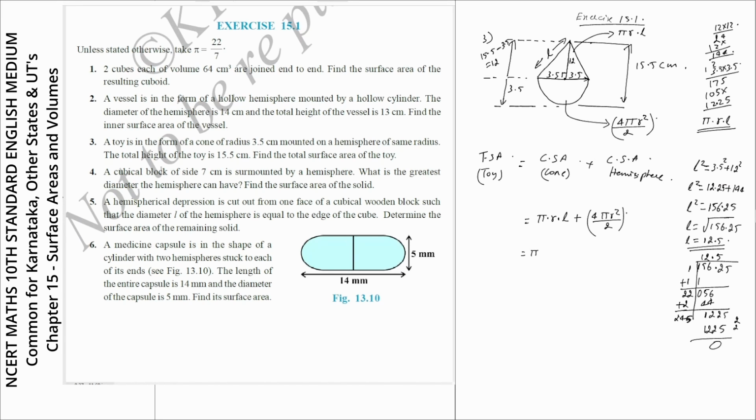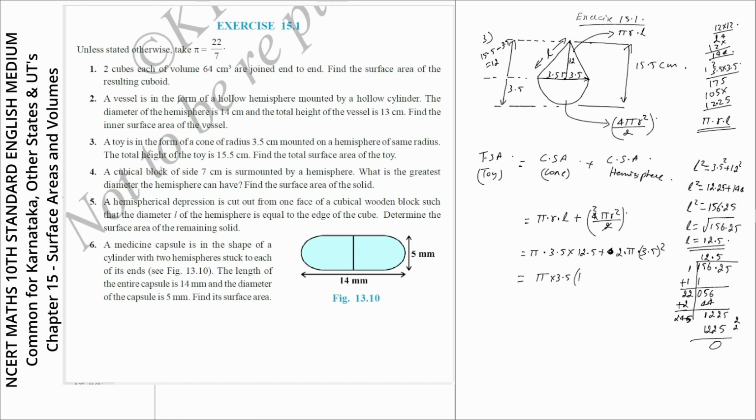Pi, what is r? r is 3.5, pi into 3.5. What is L? L is 12.5 plus 4 into, now here 2 2s are 4, so I'll get 2 into pi, what is r? 3.5 the whole square. Now can I take anything common? I can take pi common. Pi into 3.5 also I can take common.